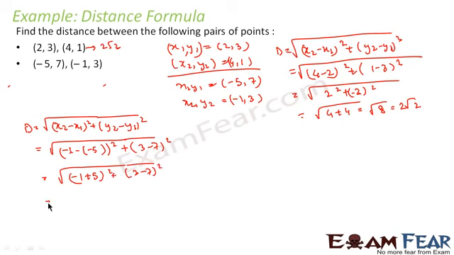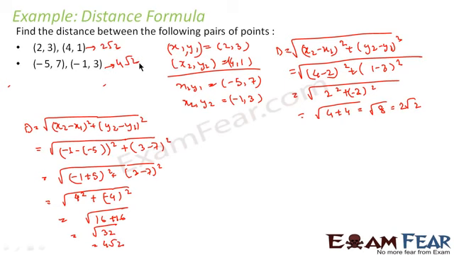This is nothing but 5 minus 1, that is 4 square plus 3 minus 7, that is minus 4 square. Correct? 4 square is equal to 16, minus 4 square is also 16, that is root over 32, and that is nothing but 4 root 2. So the distance between these 2 points is 4 root 2.